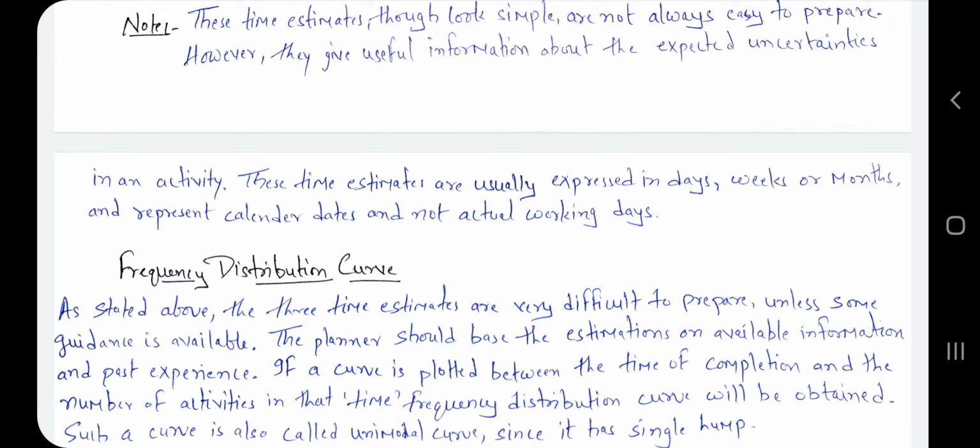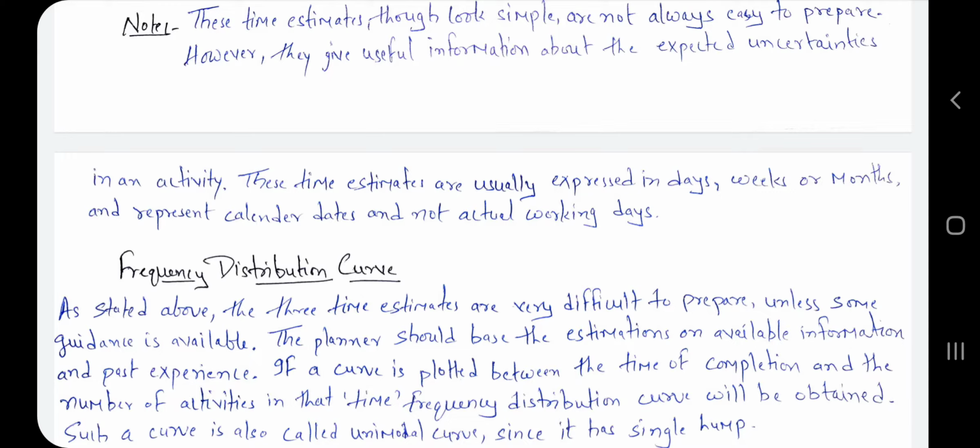Actually when we calculate expected time from these three estimated times, it does not look easy. It gives data in the form of days, weeks, months and so on. So it is very difficult to maintain or calculate the time for a particular activity or a project.